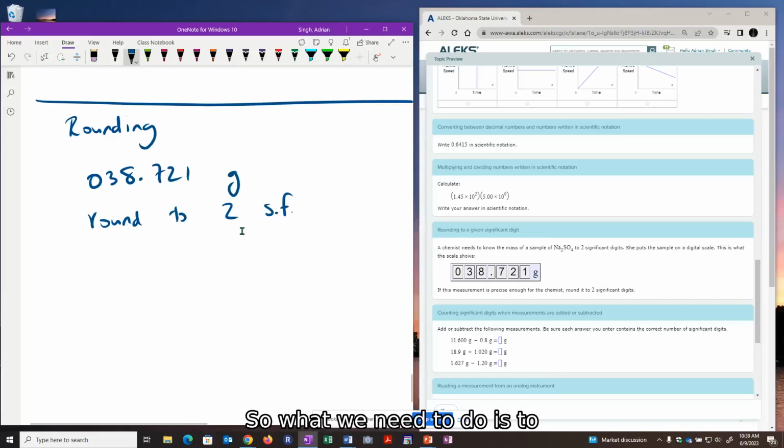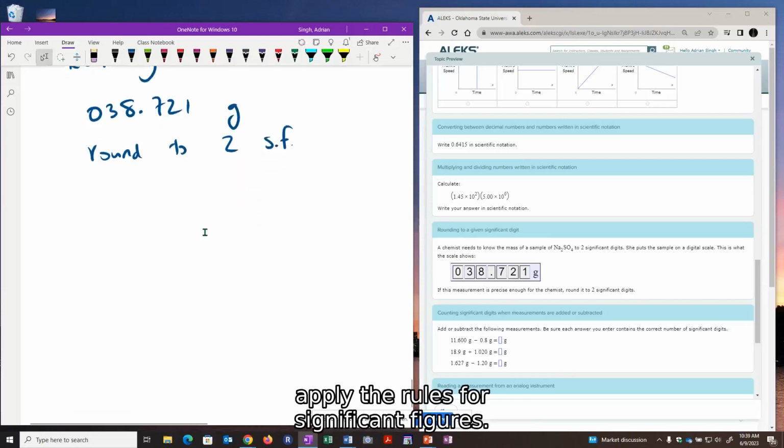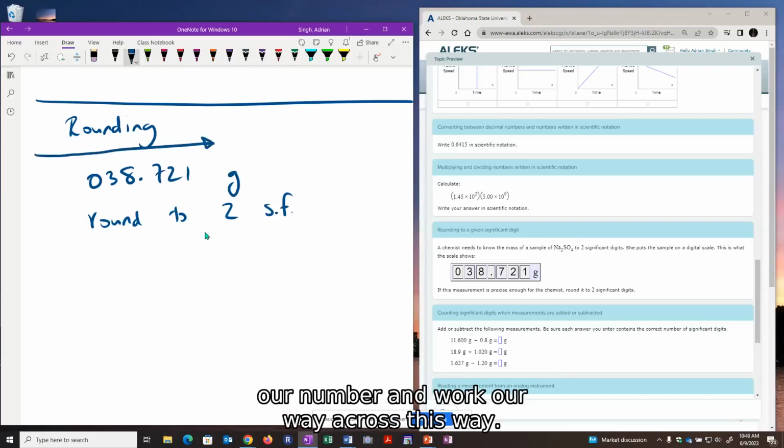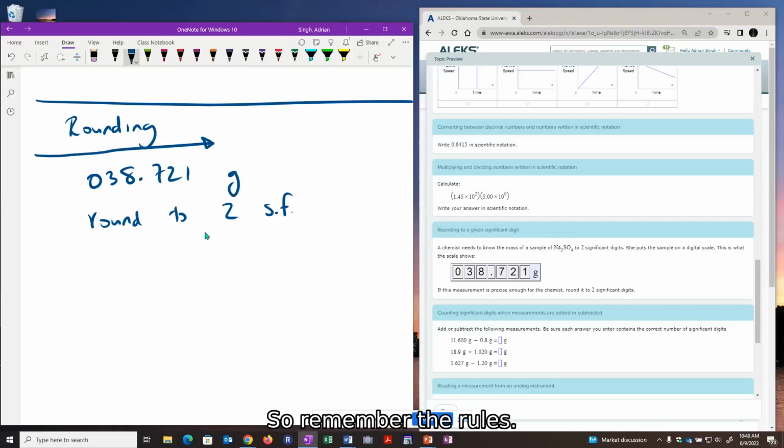So what we need to do is apply the rules for significant figures. First of all, recognizing significant figures. We're going to start at the left side of our number and work our way across. So remember the rules.